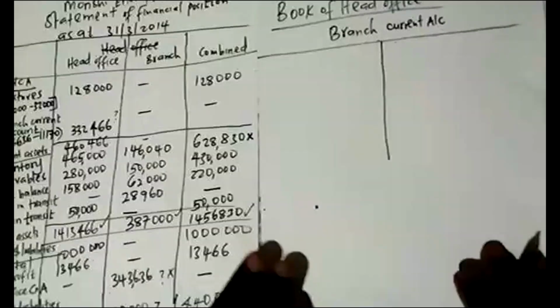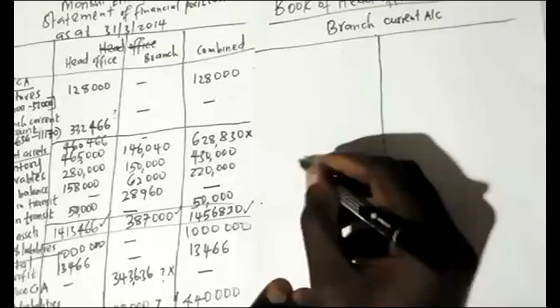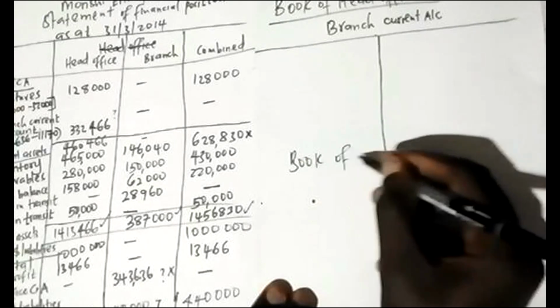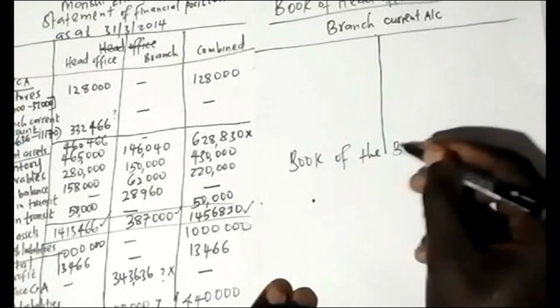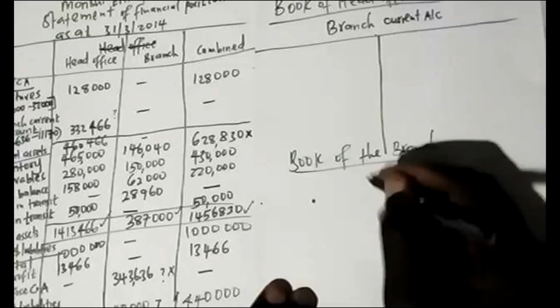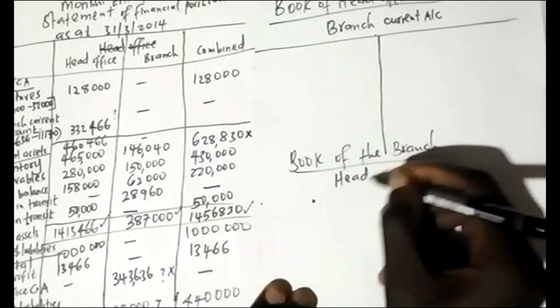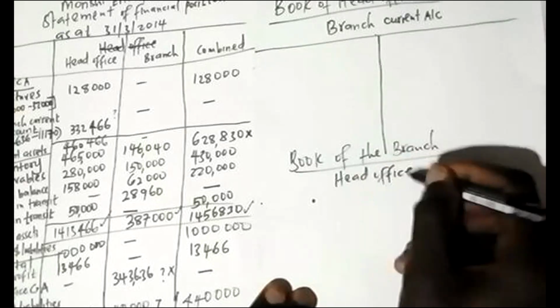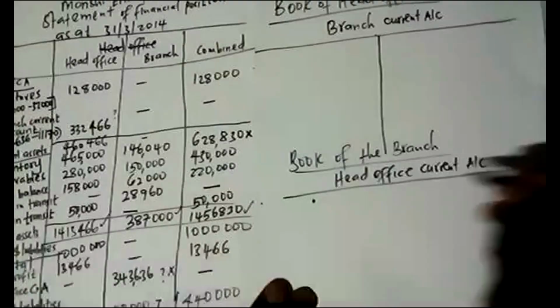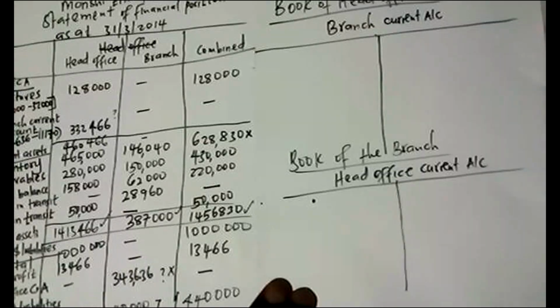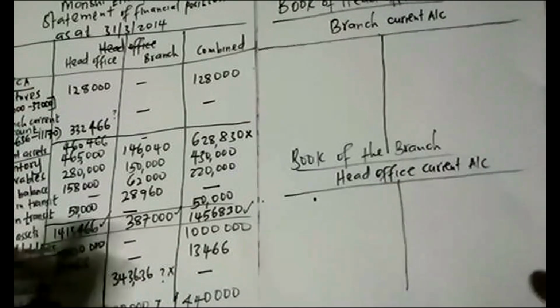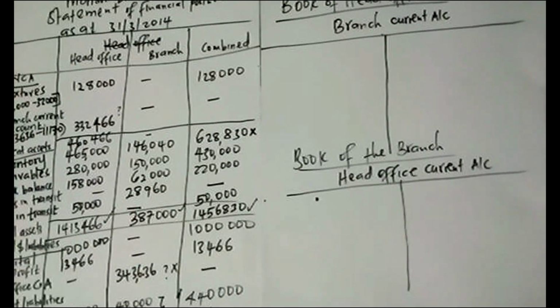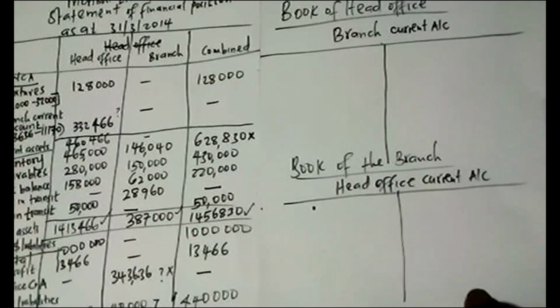And under the books of the branch, the branch will prepare the head office current account. So we have to start with the relevant balances as given in the question. Then we adjust with some of the items there, like profit, goods sent to branch and cash in transit. That is the only thing which is there.